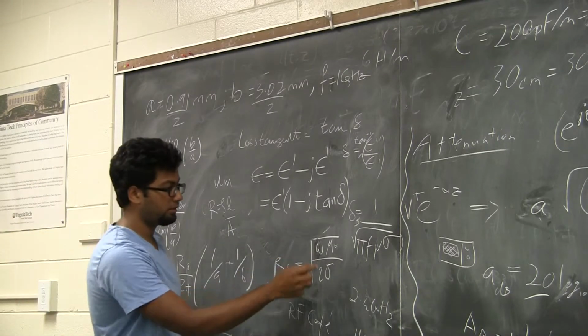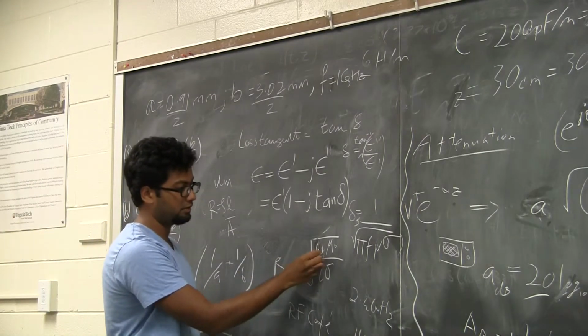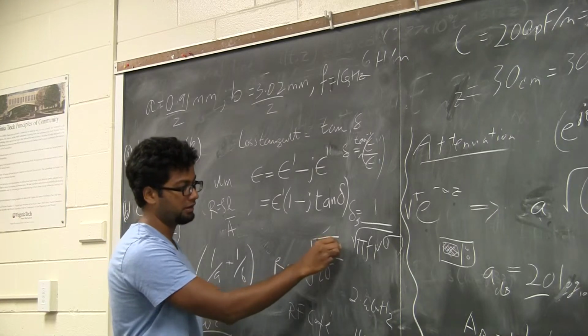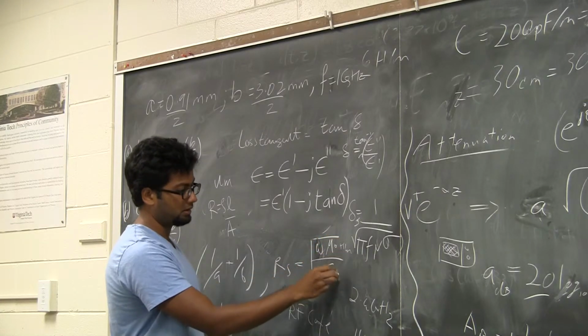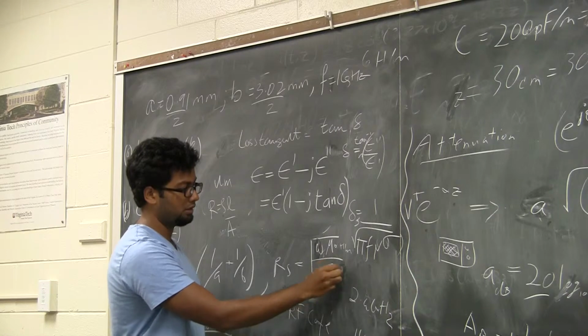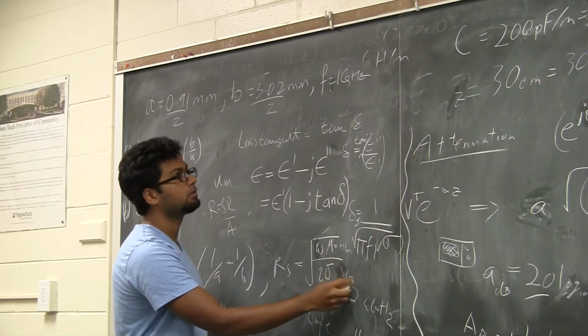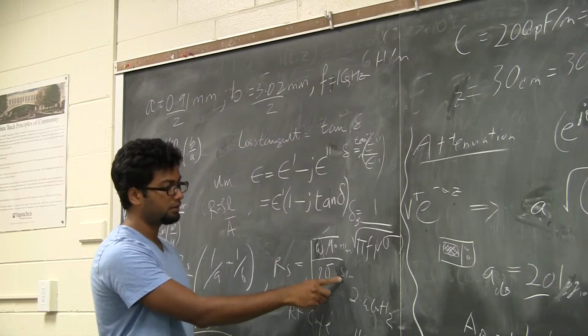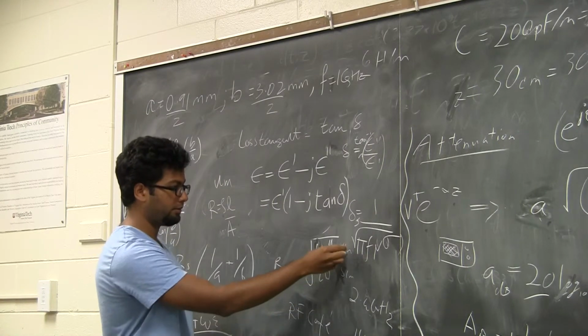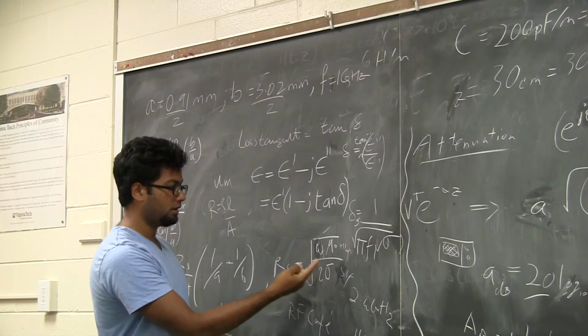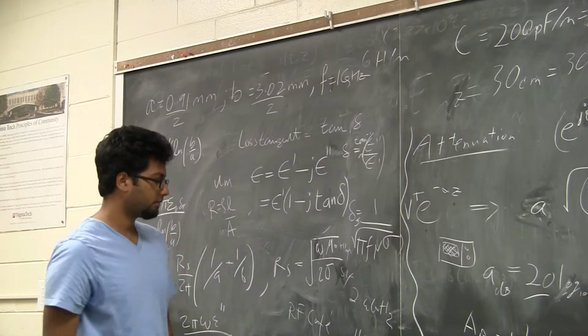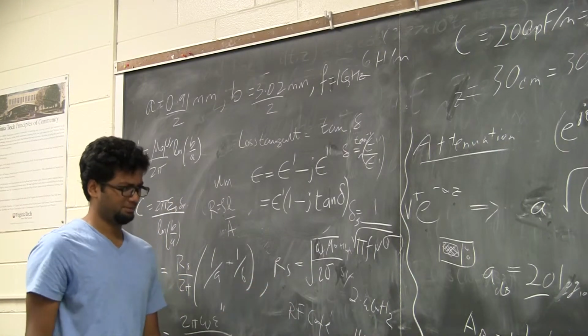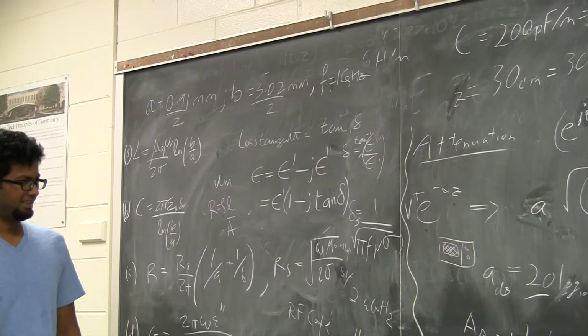If you look at it this way, this is per second. So if you do dimensional analysis, this is Henry per meter. This is, what is it, Siemens per meter. Yeah, Siemens per meter. So Henry per meter, Siemens per meter, Henrys per second, to the half.